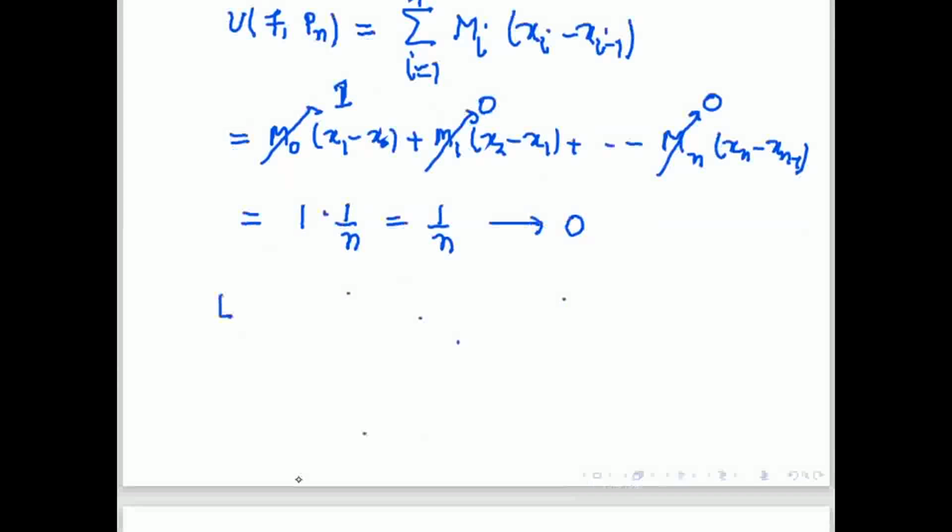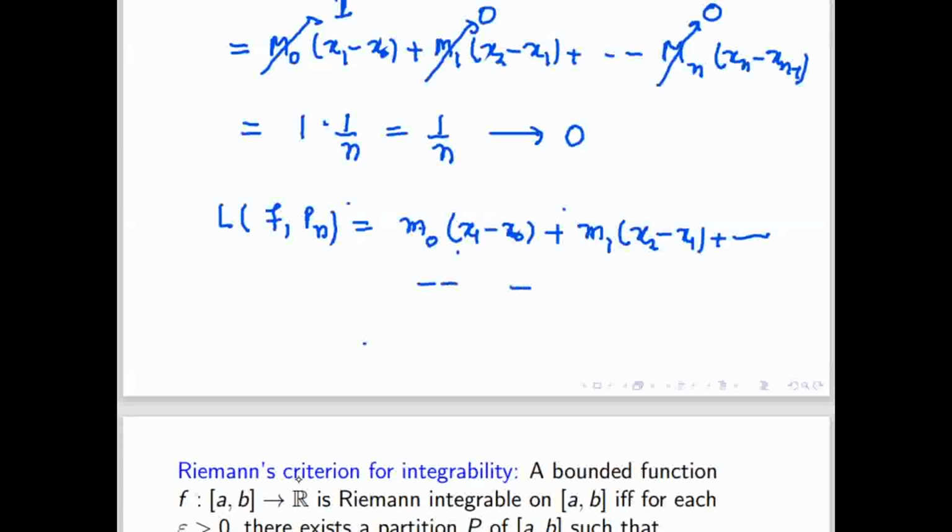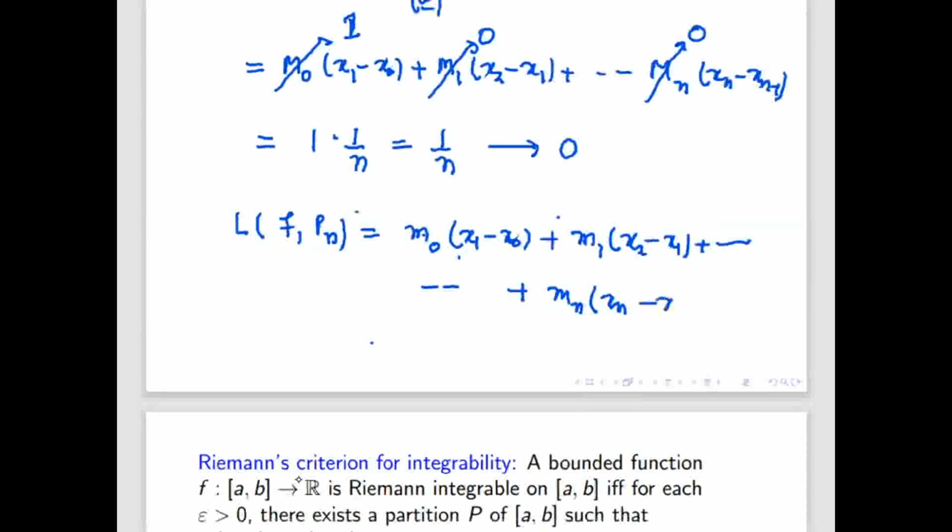Similarly we will calculate the lower Riemann sum. That means it is m0 times (x1 minus x0), m1 times (x2 minus x1), and so on. Now we take the infimum, and in all cases the infimum is 0 only, in all the intervals.